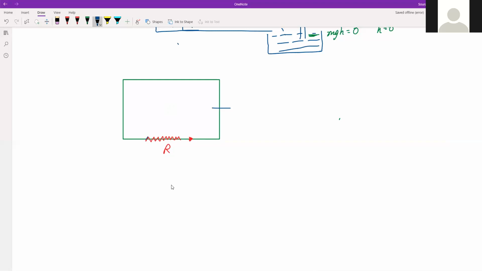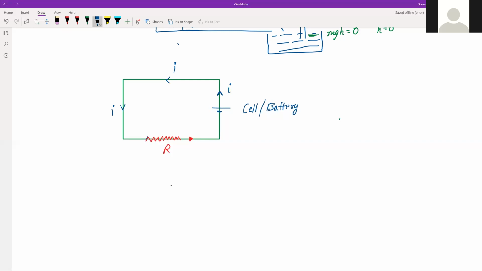Such a pump is called a cell, or a combination of such cells is called a battery. What it does is pump the charges. It collects the charges from here and pumps them back into the circuit. So that's how this steady current is maintained.